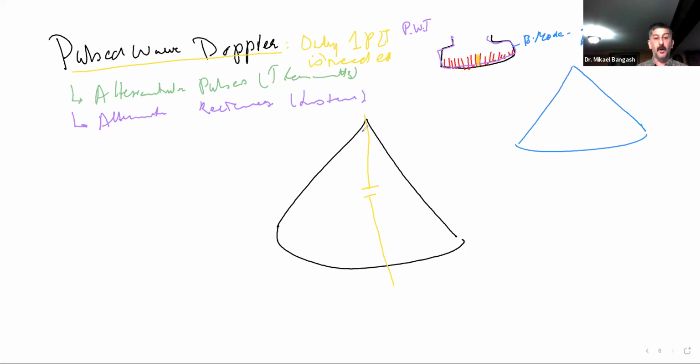Our Doppler recording of the velocity is going to be recorded at this level here, or at this point here. This is where the Doppler will be recorded, because it goes alternatively.